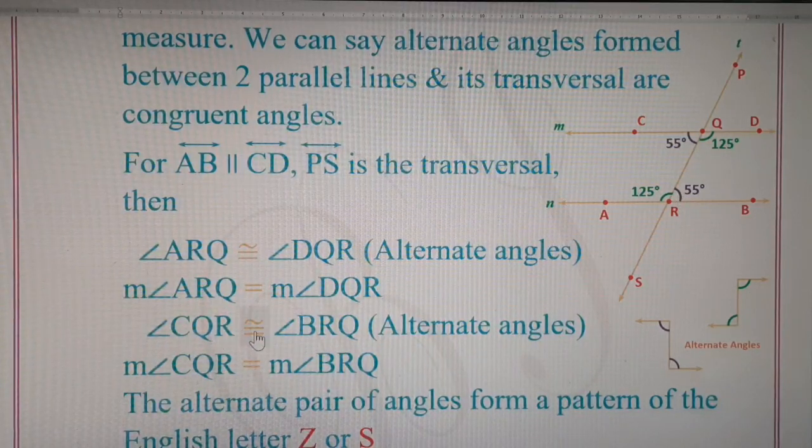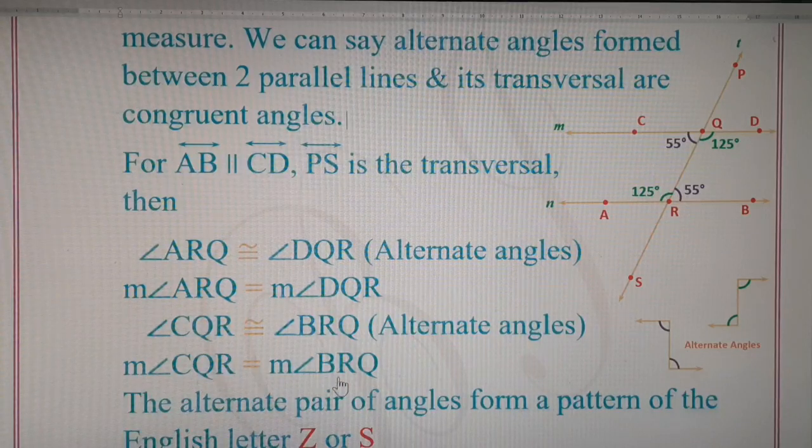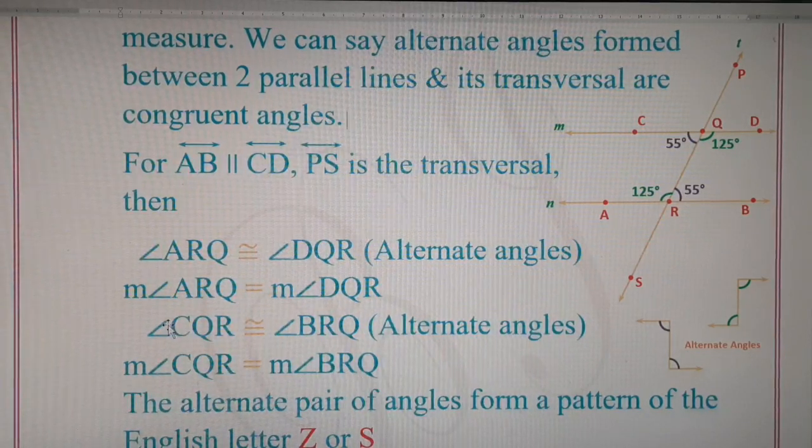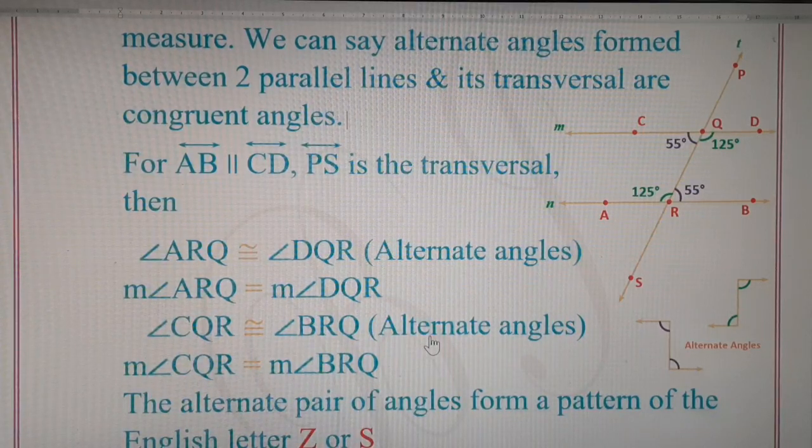Angle CQR is congruent to angle BRQ. Therefore, measure angle CQR is equal to measure angle BRQ, because alternate angles are congruent for parallel lines and its transversal.